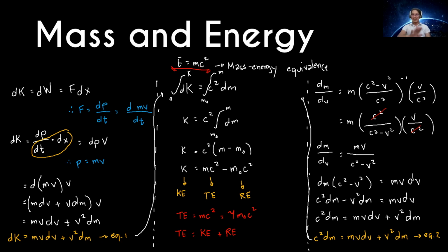So basically, hindi nyo na lahat i-memorize yung equations na yan because that is the derivation. Pinakita ko lang kung paano na-derive yung mass energy equivalence using the laws and principles of physics and applying the concepts of calculus. Okay, so nakuha na natin yung mass and energy equivalence. Ano ba ang ibig sabihin ng mass and energy equivalence?